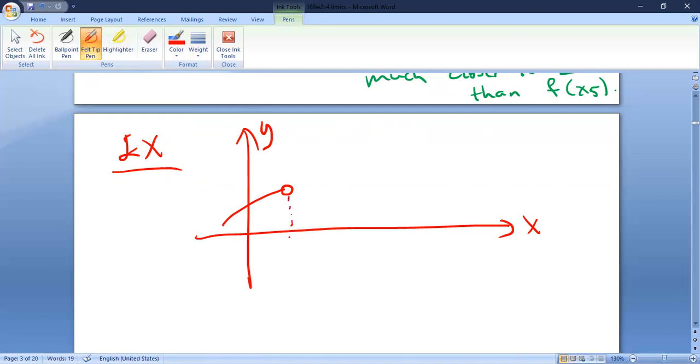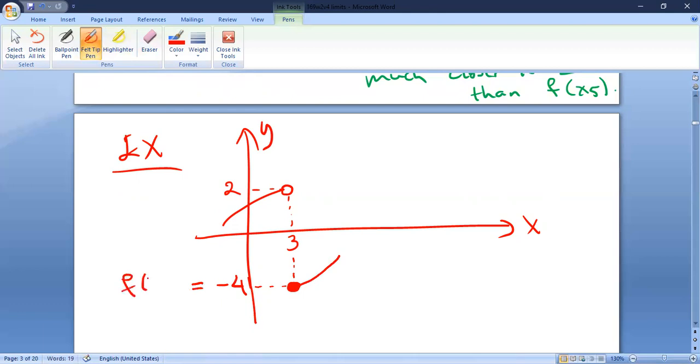Let's say this is 3, and this is 2. So f of 3 is not equal to 2, but f of 3 is in fact equal to, now I show it with a filled circle, let's say minus 4. And it goes this way.